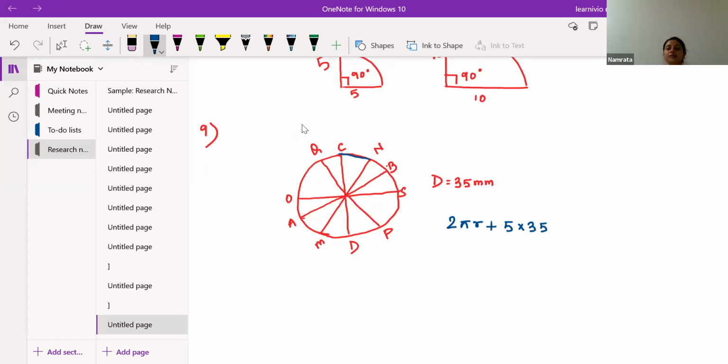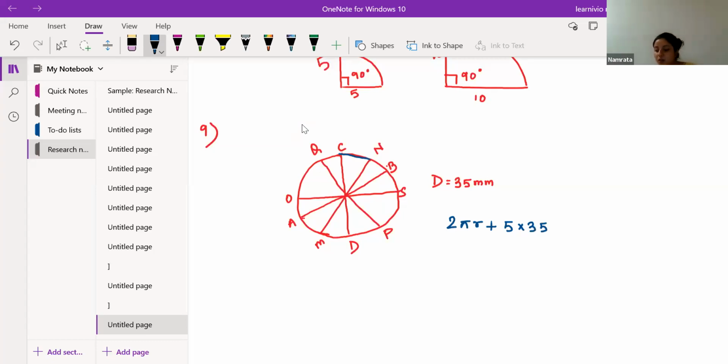Are you getting it? I'll take a wire just like this one and we'll fold it to make a circle. That means 2 pi r. Now more wire I will take and will start making the diameter design over here. That means more wire I am using. How much more? 35 plus 35 plus 35 plus 35, 5 times. So 5 times 35, right?